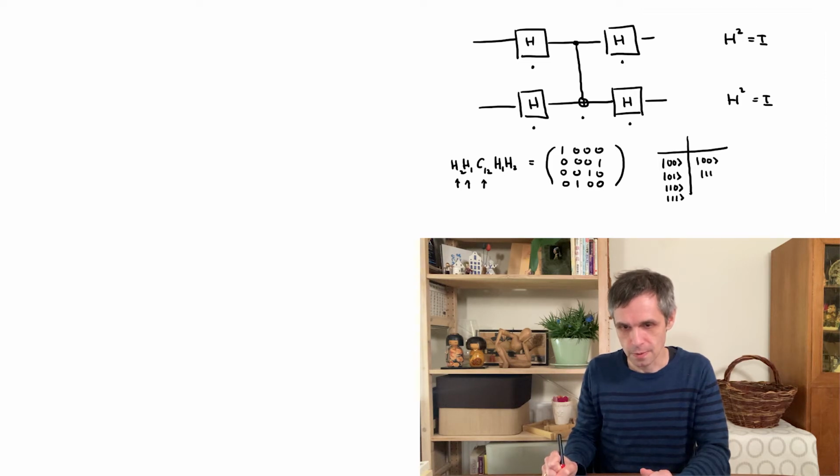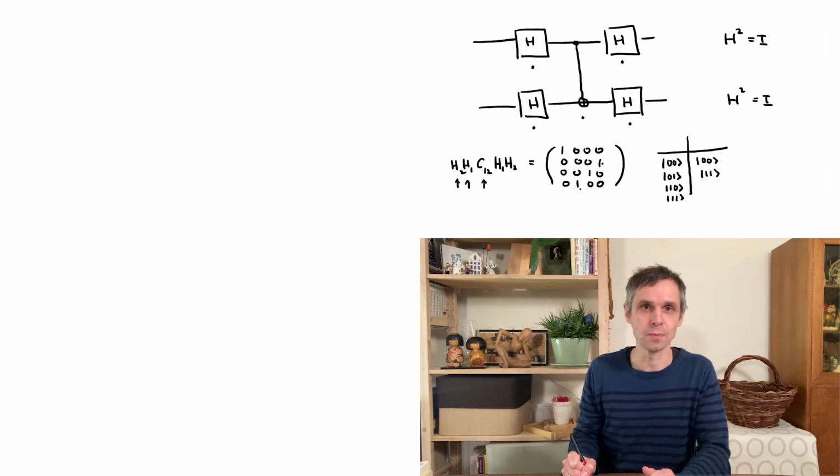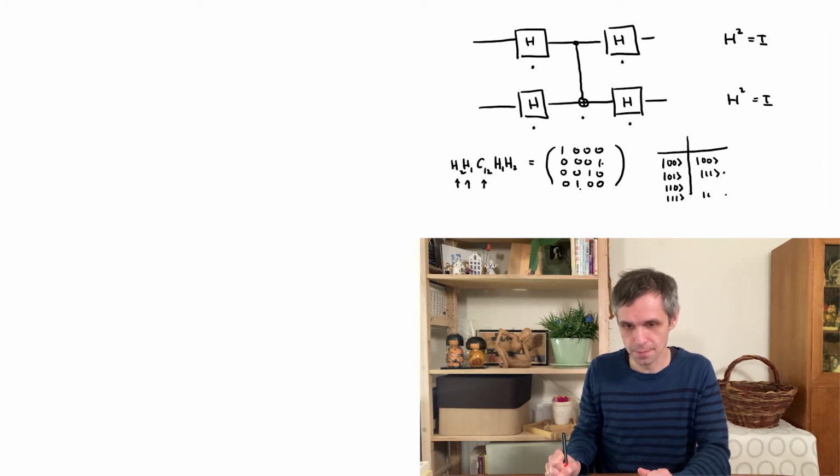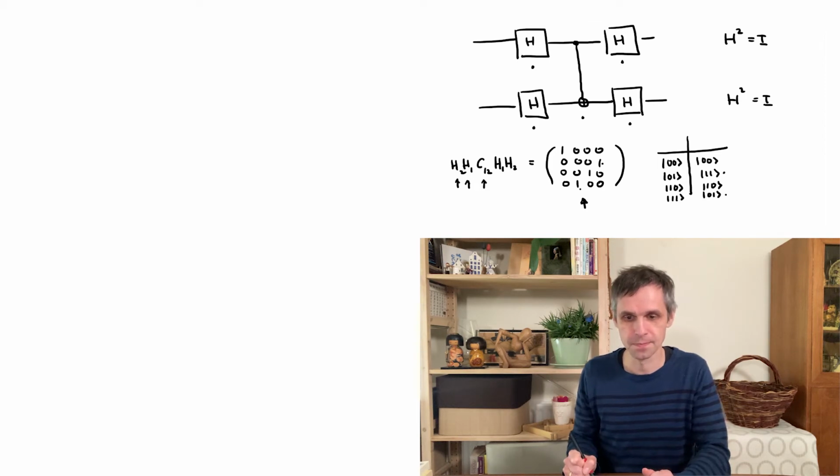But this state here will become the last state. Essentially, this is now a permutation matrix between the second and the fourth entry in the vector. So this is actually interchanging the second and the fourth basis state. So the result looks like this. So this is our truth table corresponding to this matrix.